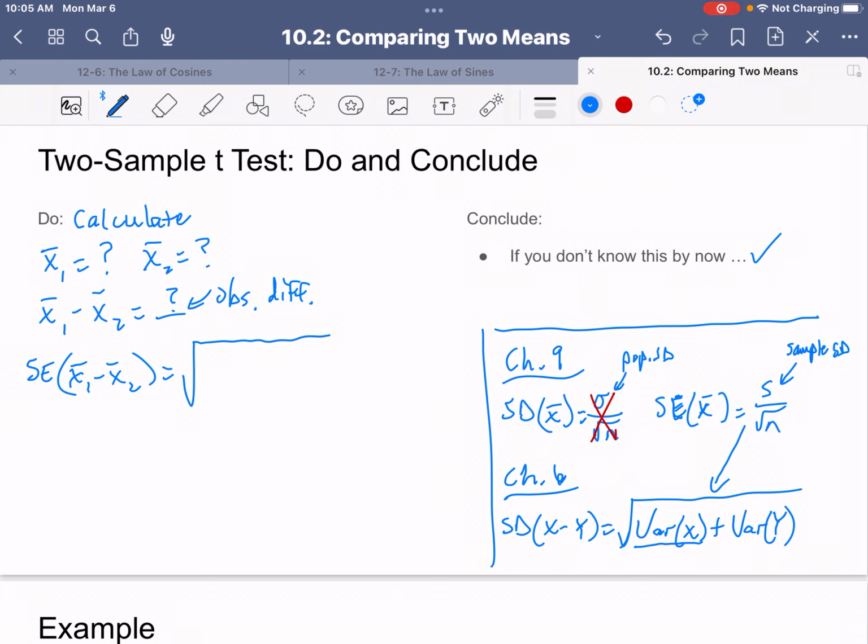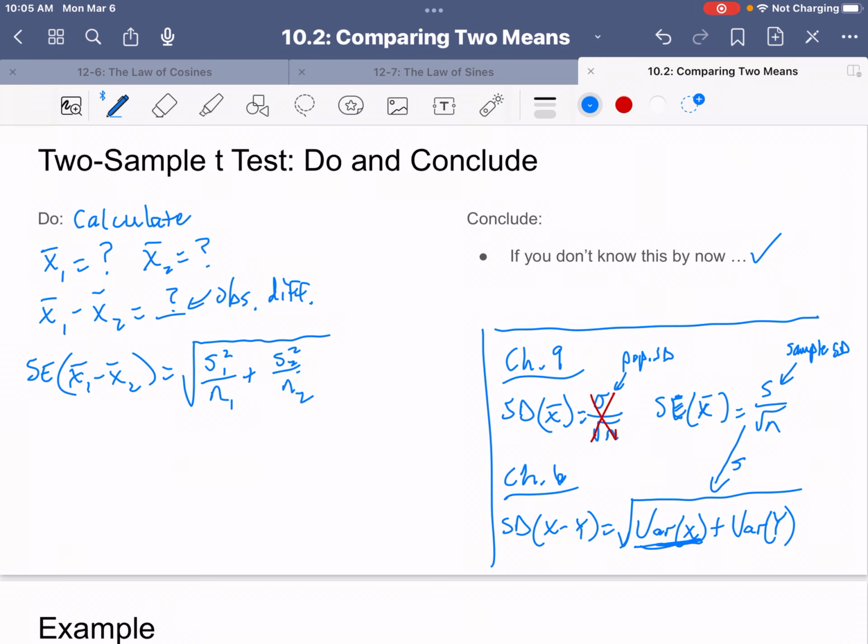Well, the variance of x1 bar will be the variance of sample 1 divided by n1 plus the variance of sample 2 divided by n2.